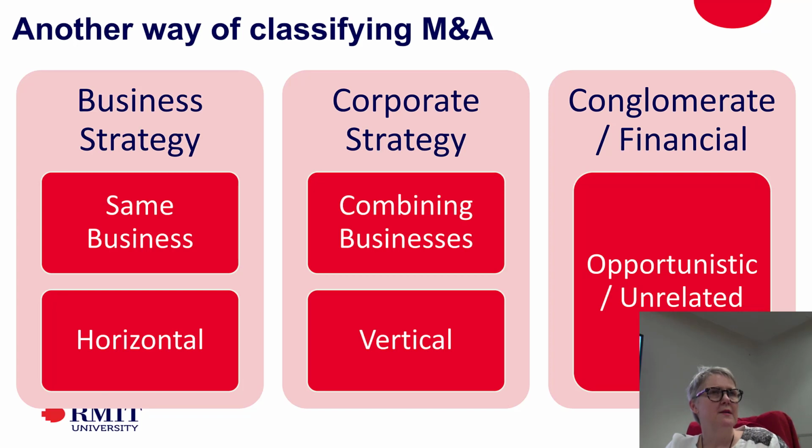Wesfarmers, basically its mission is to buy businesses, build them and sell them. If you look at Wesfarmers' annual report or its website, it'll effectively say all of our assets are for sale. If we can get more cash for them by somebody else owning them, we will sell them.